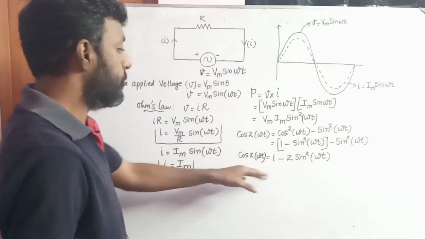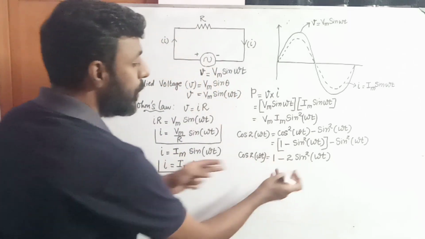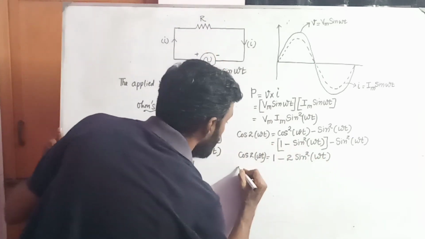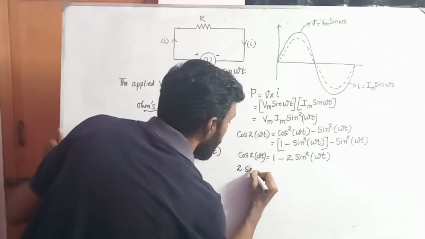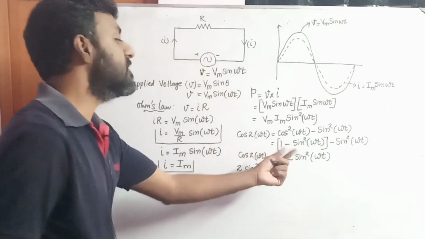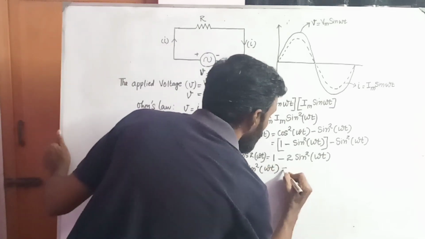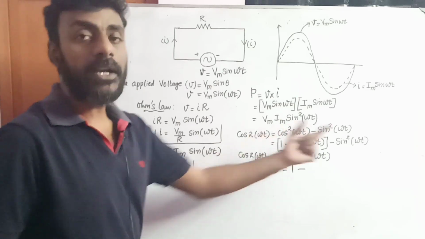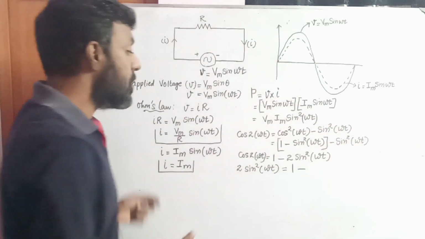So now I'm going to bring this minus 2 sine squared omega t to the left hand side. So it will be 2 into sine squared omega t is equal to 1 minus cos 2 omega t. When it is taken to the right hand side, it will be minus cos 2 omega t.